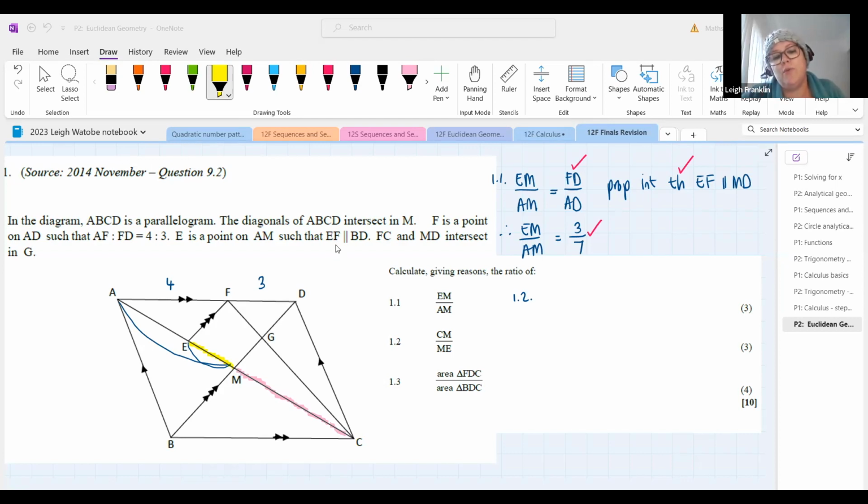Why can we not work with FG over GC? So the reason we can't work with FG over GC is, yeah, we've got no ratios, exactly. We've got no information about those lines whatsoever.